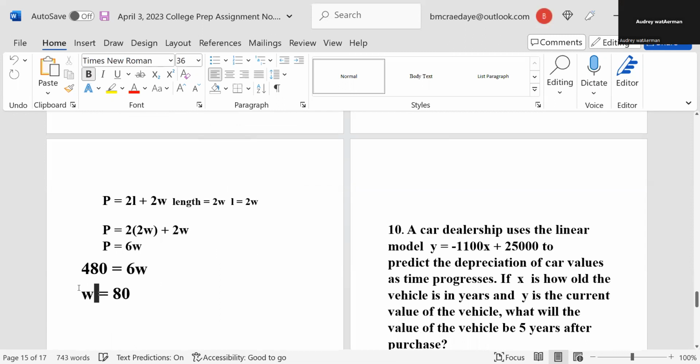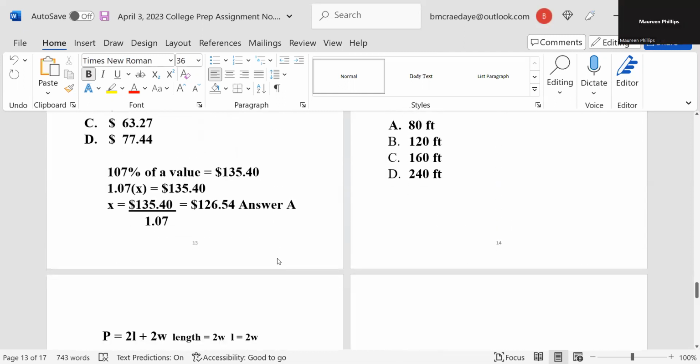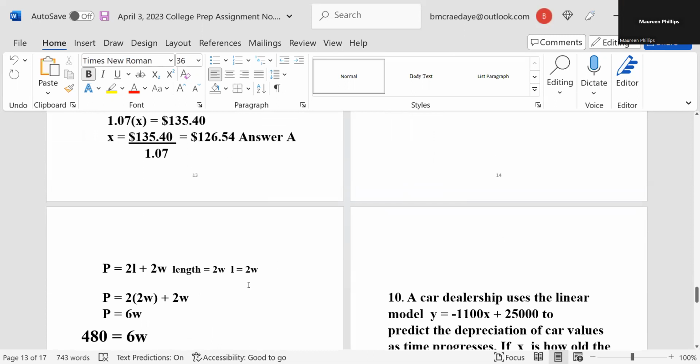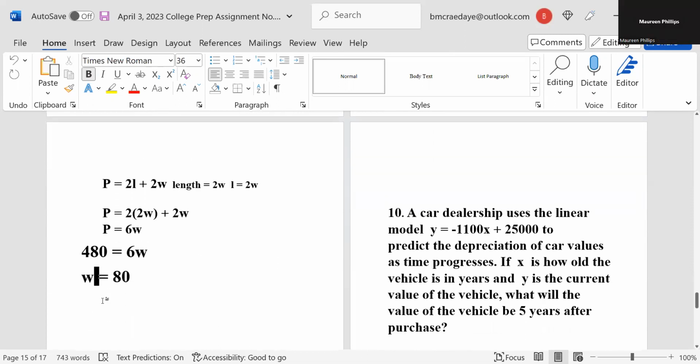Length is twice W. What is W? 80. So length equals 2W, and that's equal to 2 times 80, and that's equal to 160.